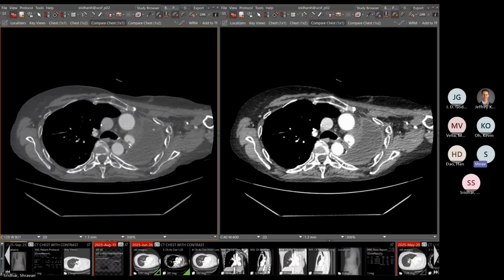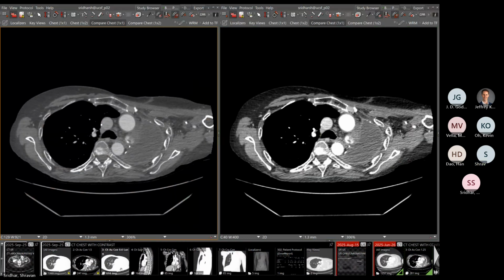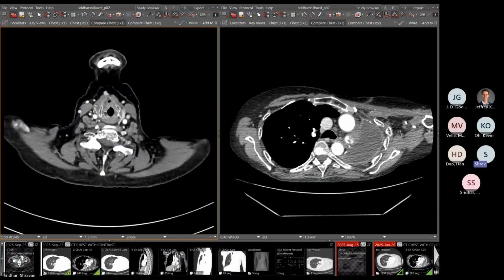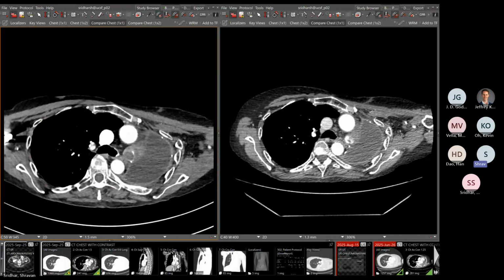You see it on the next one, it got a little bigger, and you see it on today's exam, and it got even larger. But you're like, well, this is where the left pulmonary artery stump is located, and it's fairly dark in attenuation. So one thing that might come to mind is a stump thrombus.